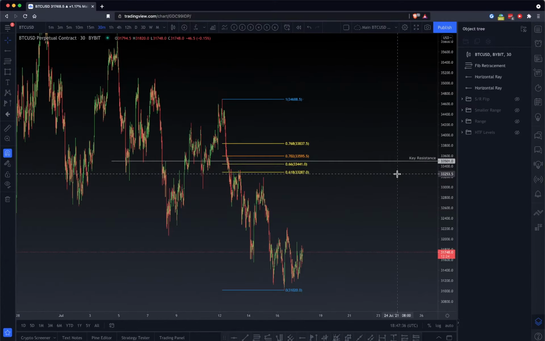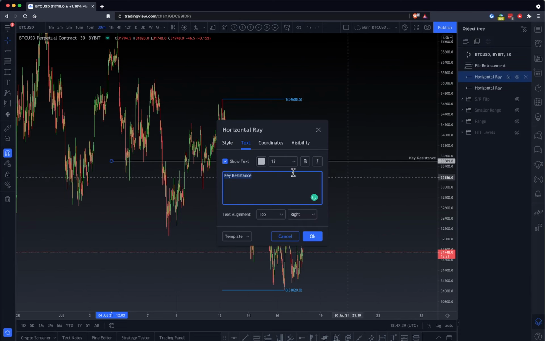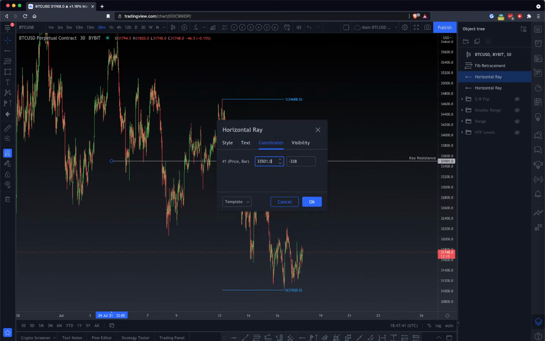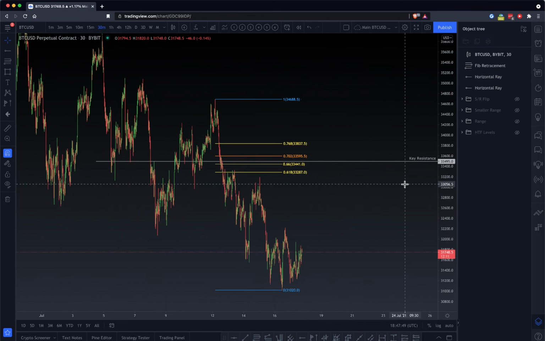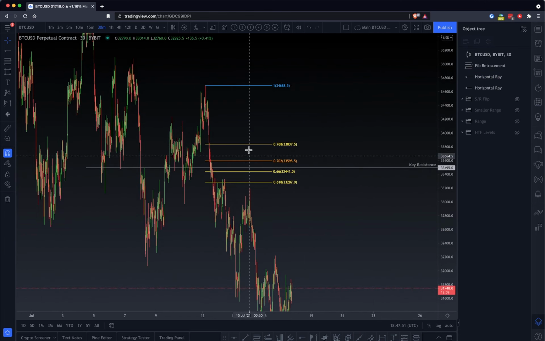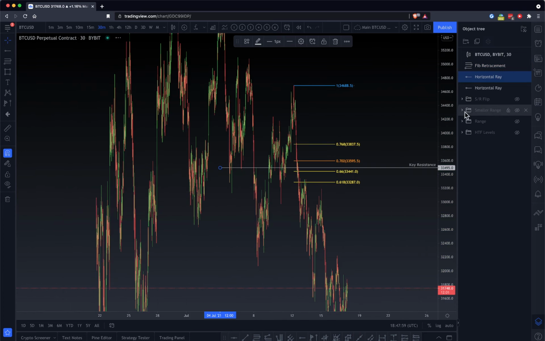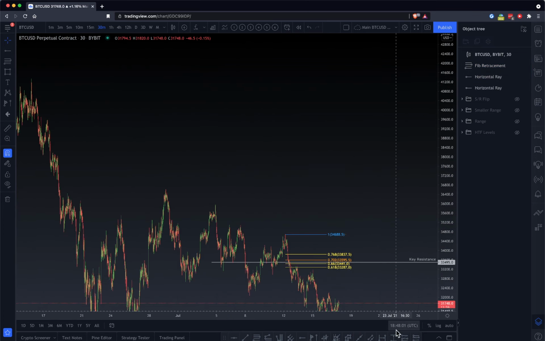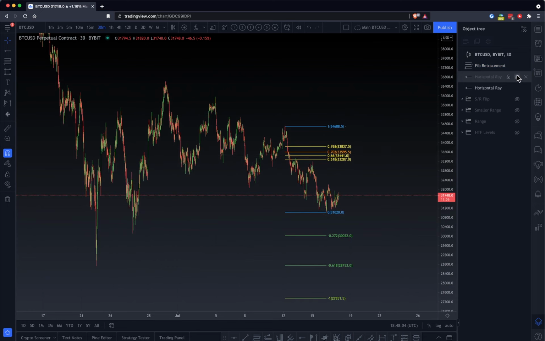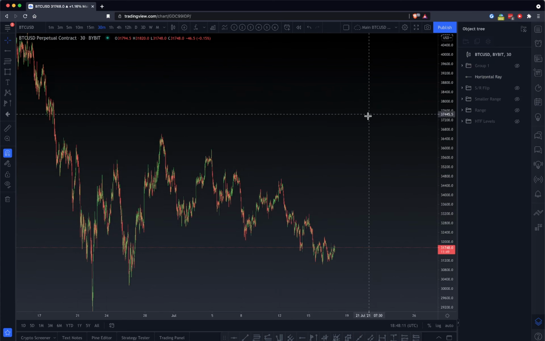Okay, so it's this region. Is this? I would just put them in a folder. I just want to hide this one.